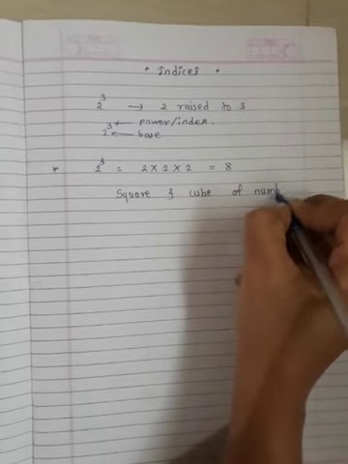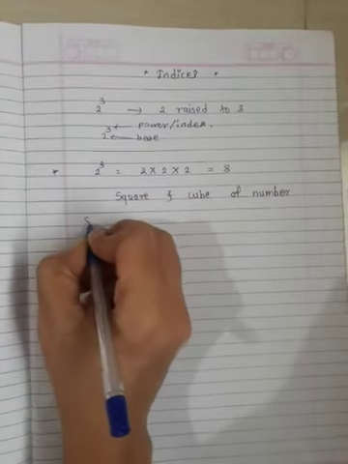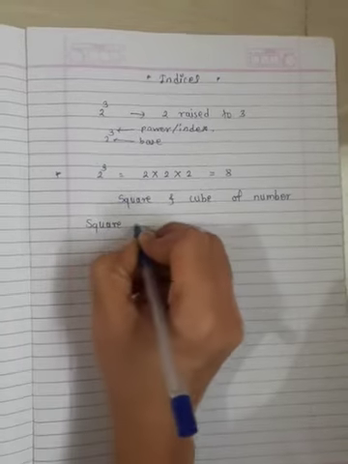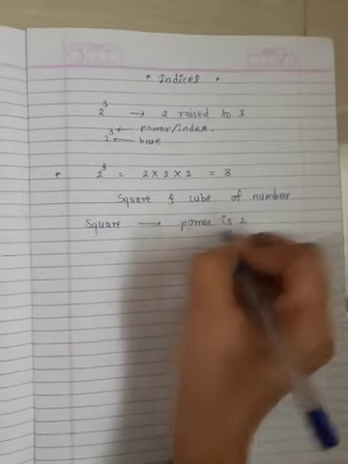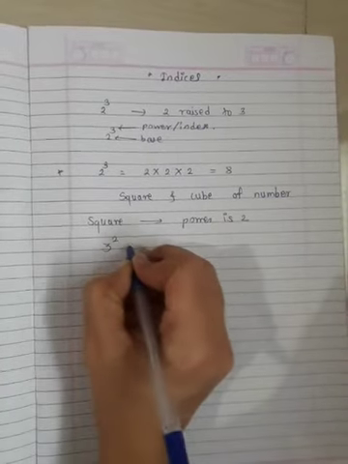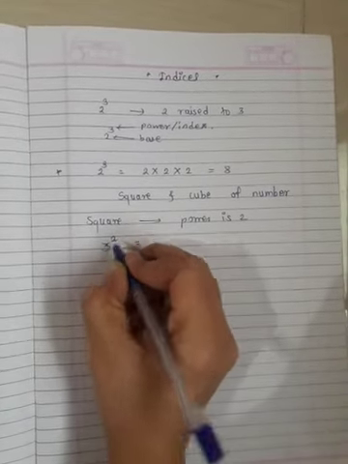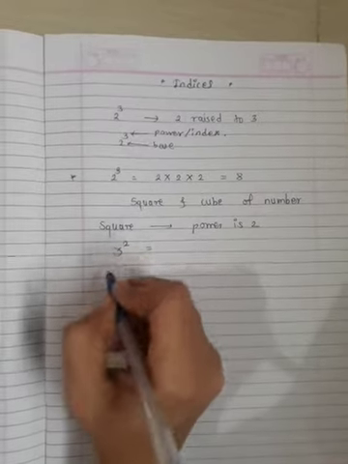So what is the square and cube? Square of a number means, if the power is 2, for example if the power of 3 is 2, we can read it as 3 square.